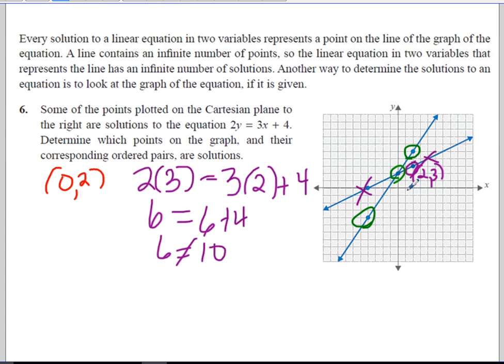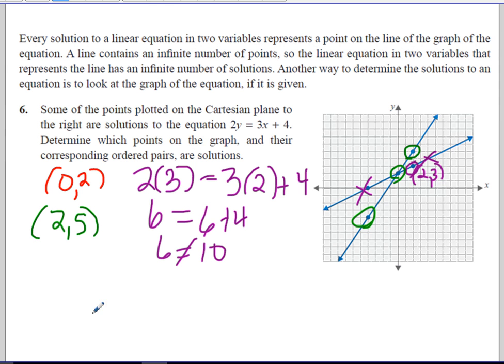We're counting right 1, 2, and up 1, 2, 3, 4, 5. So we have 2, 5 will work. And if we plug that into our equation, we will get 10 equals 10.